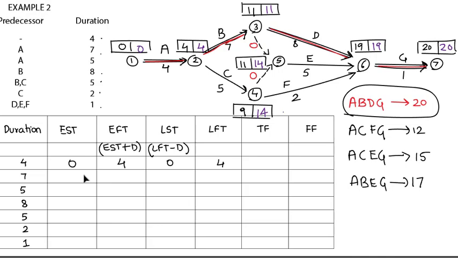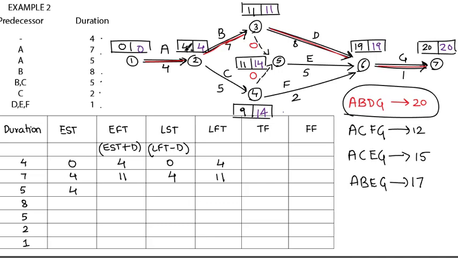Now for activity B, earliest start time is 4. Earliest finish time is 7 plus 4, that is 11. Latest finish time is 11, and 11 minus 7 will give me latest start time, that is 4. Similarly for C, earliest start time is 4.